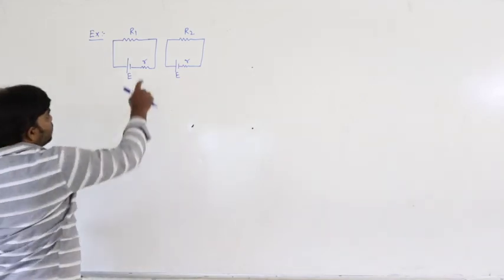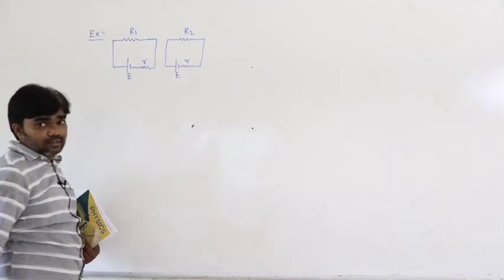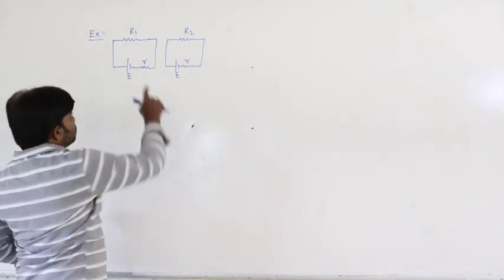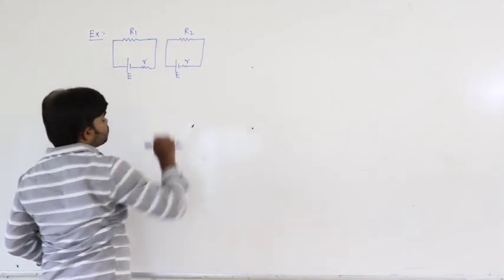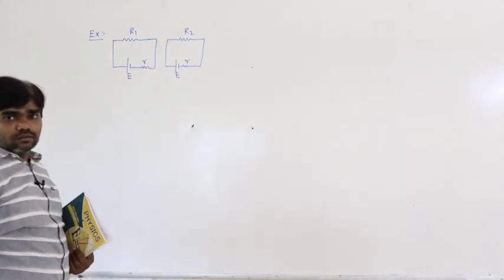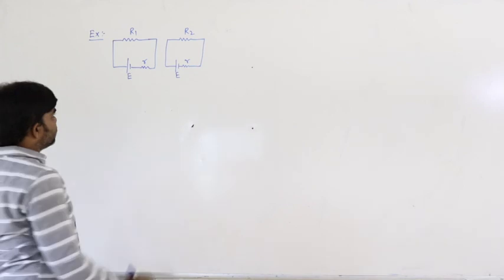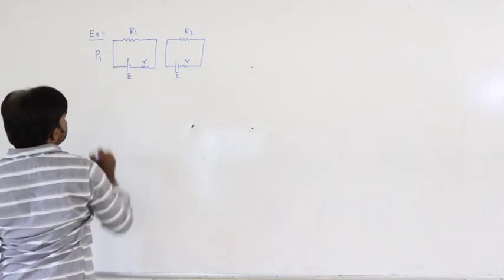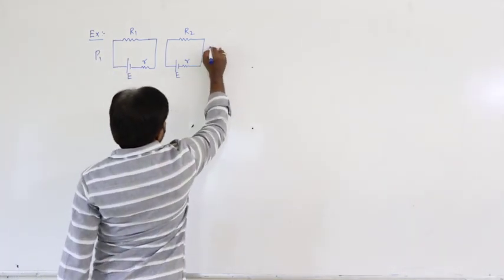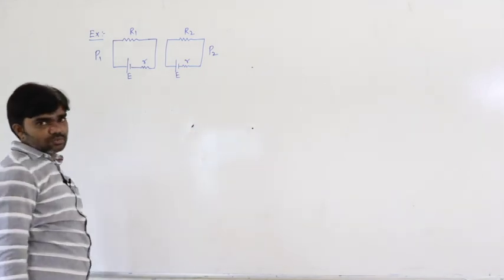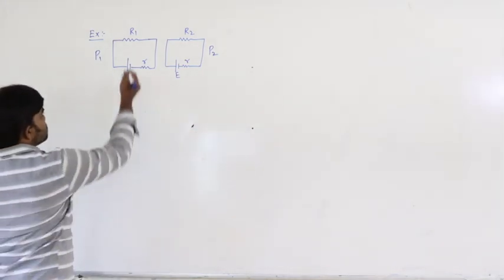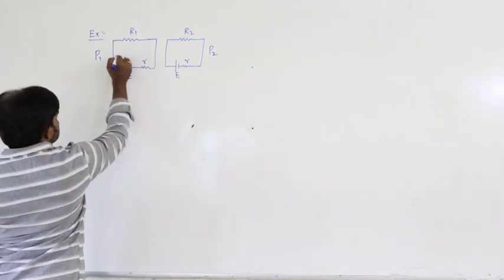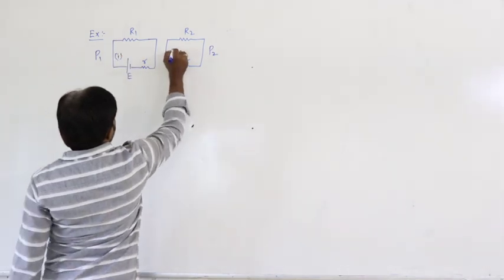If the cell is connected to the two resistances R1 and R2 separately, the power must be the same. That is the given condition. Let us say the power developed in this one is P1 and the power consumed in the second situation is P2. This is the first case and this is the second case.